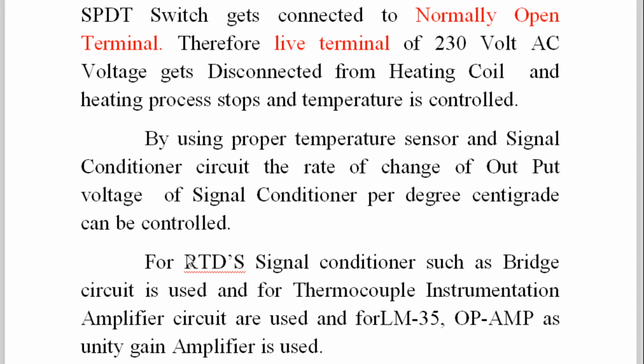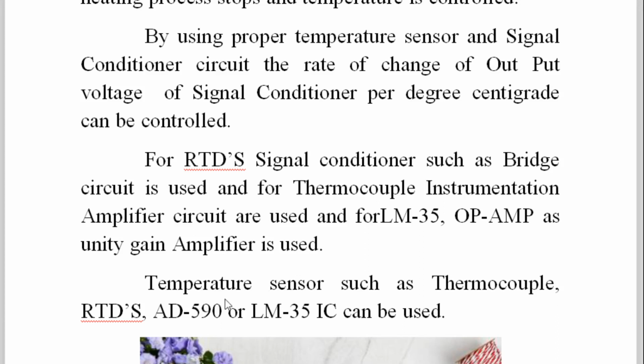So here temperature sensor and their signal conditioner names are given, and temperature sensors such as thermocouple, RTDs, AD590, LM35 can be used. The best example of RTD is PT100. PT means platinum. 100, why? Because at 0 degree centigrade, a standard piece of platinum metal shows 100 ohm resistance.